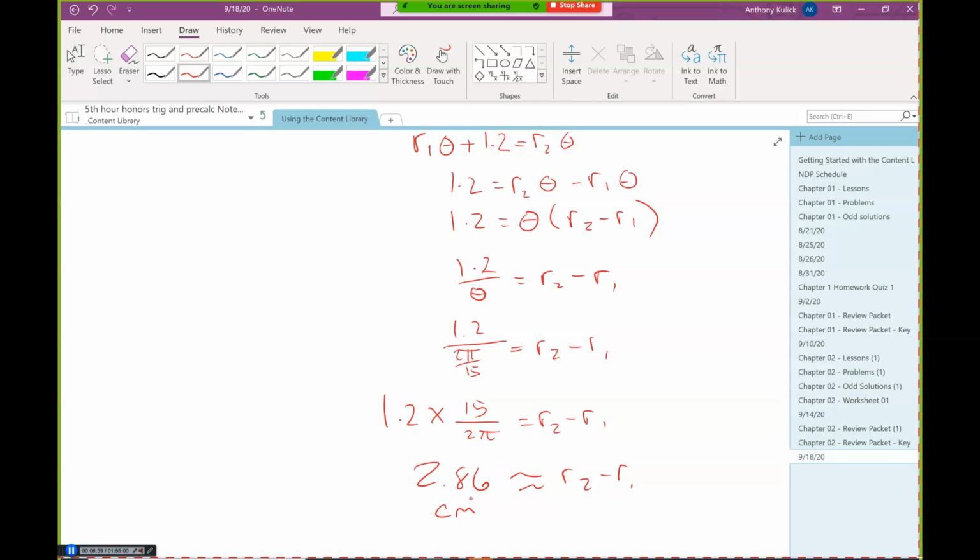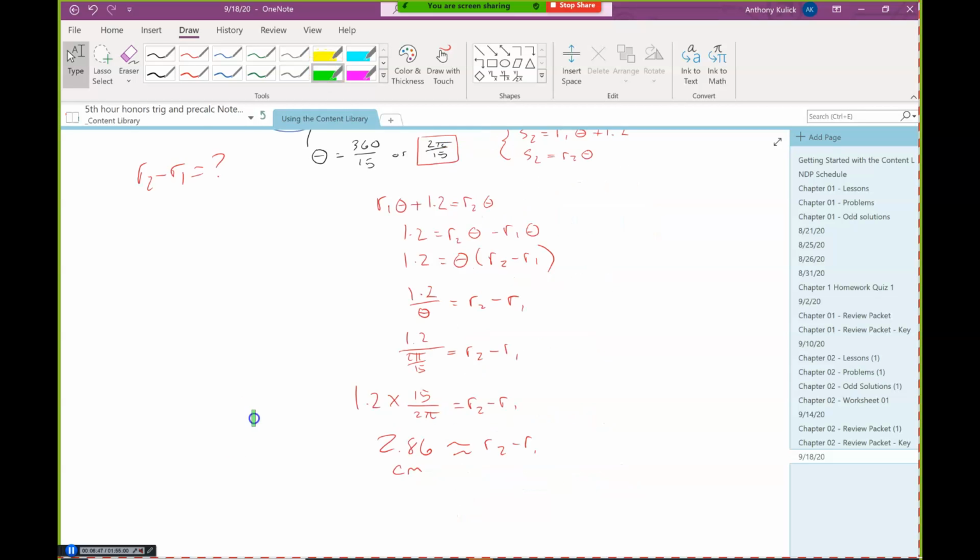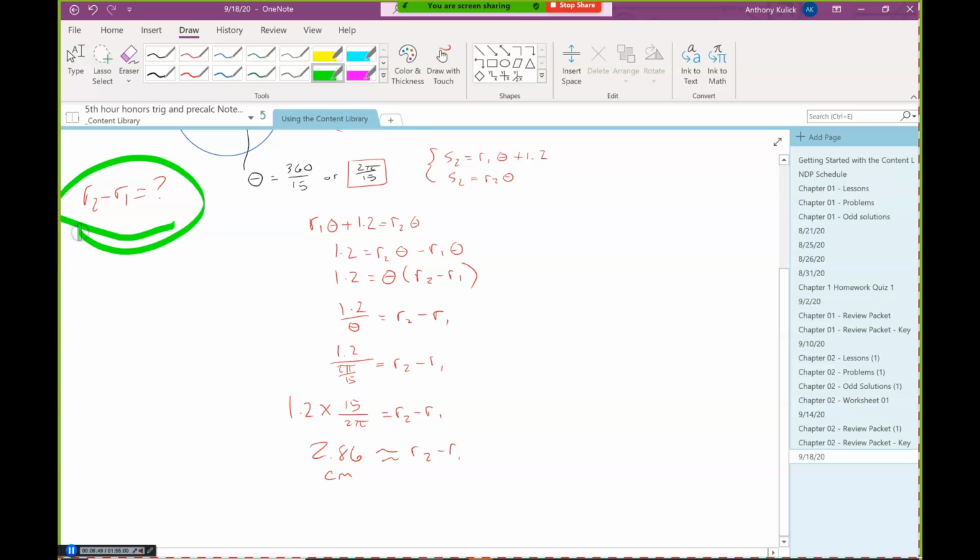This was probably the hardest problem in the homework set, all the way to the end, because it required a little bit of creativity, specifically realizing that this is really what you're solving for. Because even if you tried to solve the system, I still have two variables in here. What am I going to do? I have R1 and R2. I can't solve for each of them independently.